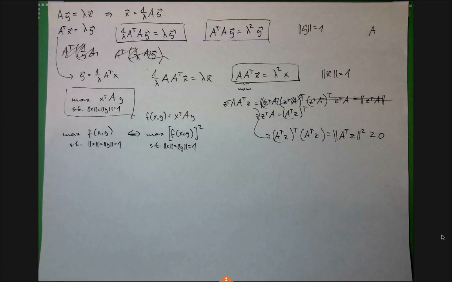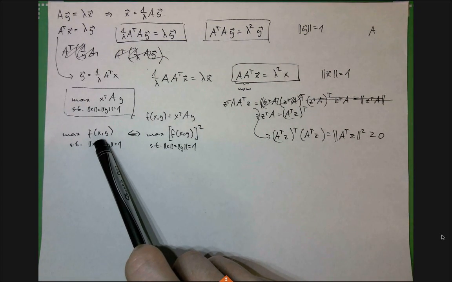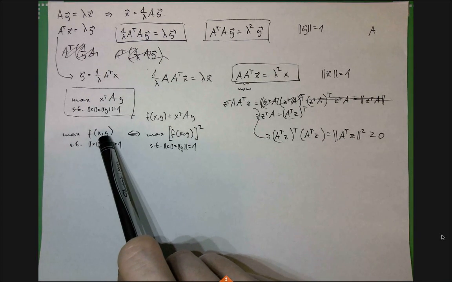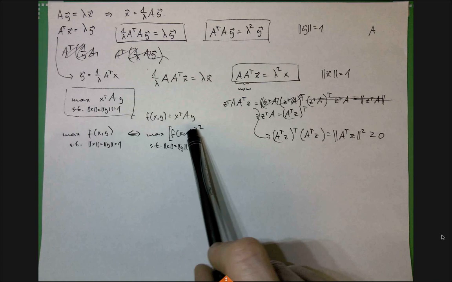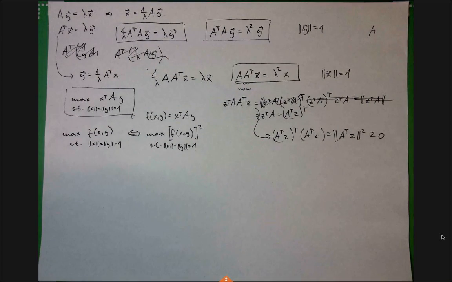The only problem could happen if the maximum was negative, right? Because clearly, if the maximum is positive, then squaring is a monotonic function there, so it doesn't change the ordering. If something is maximum, then it's also maximum after I square it, if it wasn't negative to begin with.